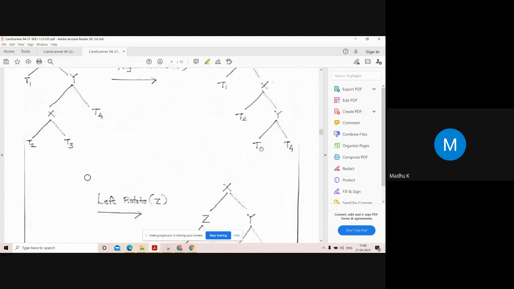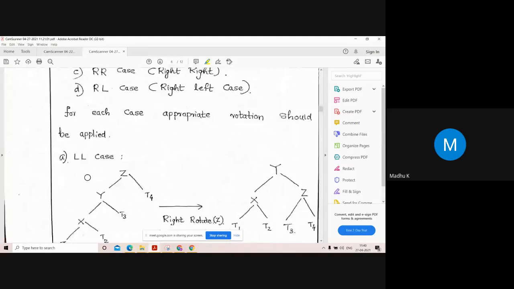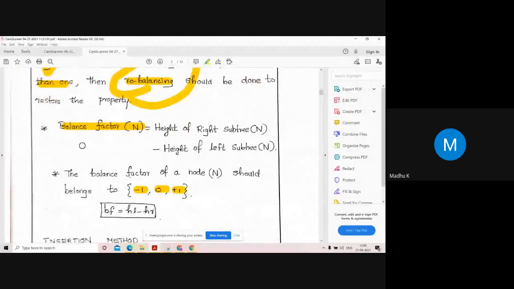What is the balance factor? Height of right subtree minus height of left subtree. Sorry, there is a correction. This is basically height of left subtree minus height of right subtree.